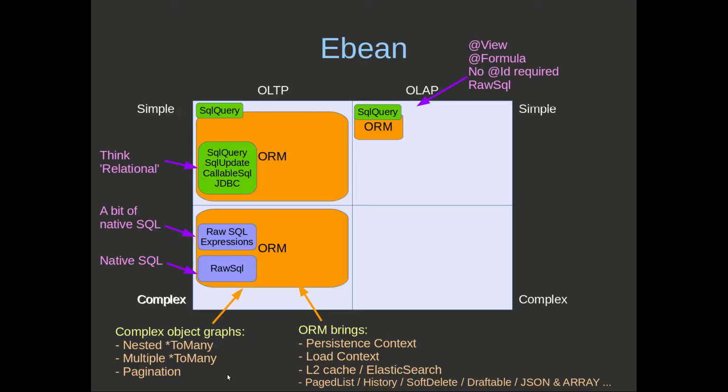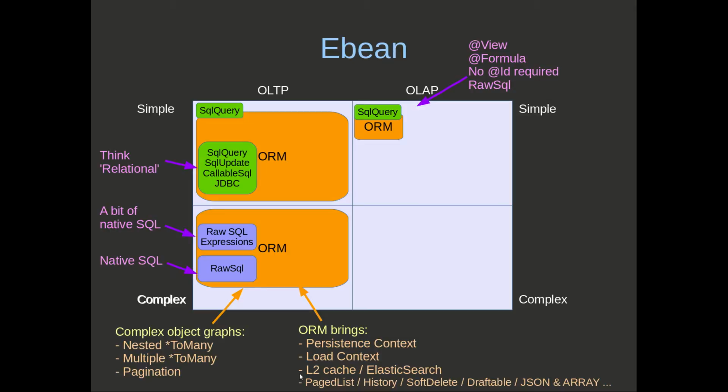If we compare ourselves to, for example, Hibernate and EclipseLink, if they do multiple to manys, they will produce a SQL Cartesian product, which is pretty inefficient, highly dangerous if you like. And if we combine pagination with a fetch join to a many, they will also produce what I think are fairly poor implementations. So it's Ebean's load context that deals with that complex object graph construction, and if you like, that's its little hero feature for doing these complex things.